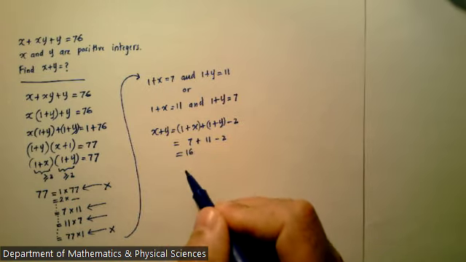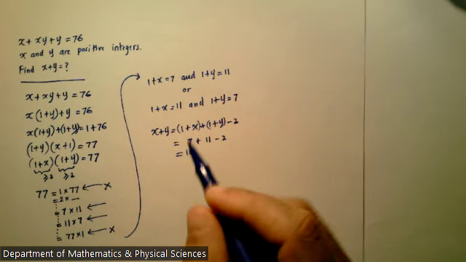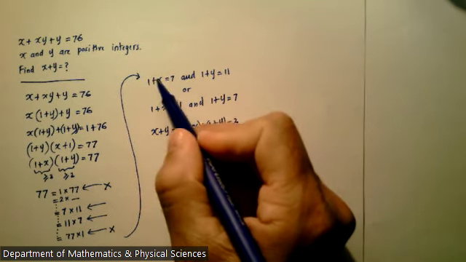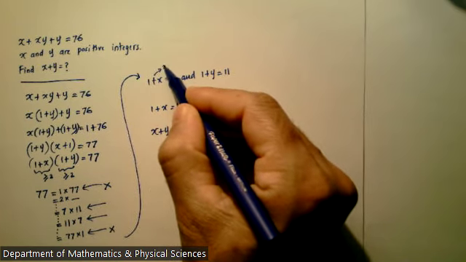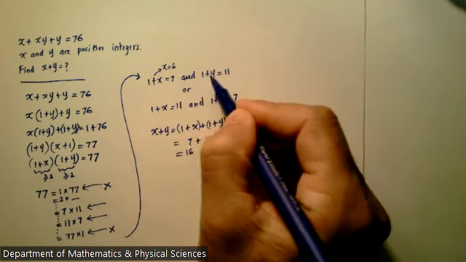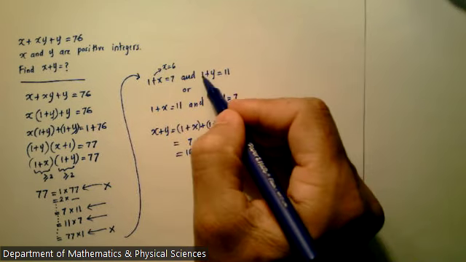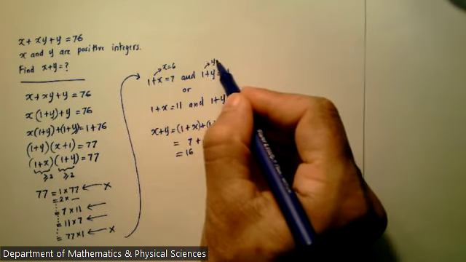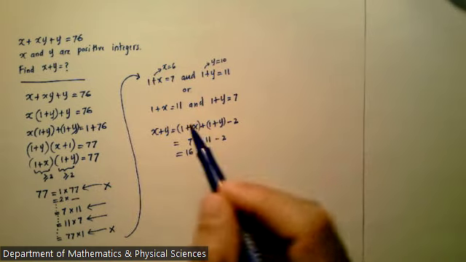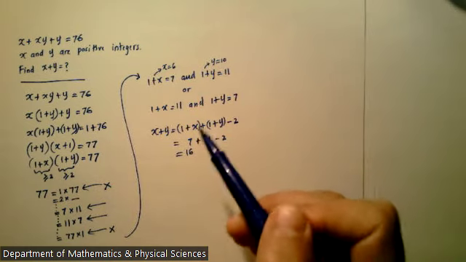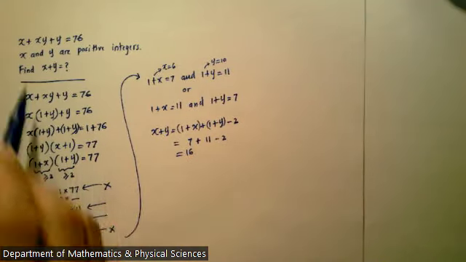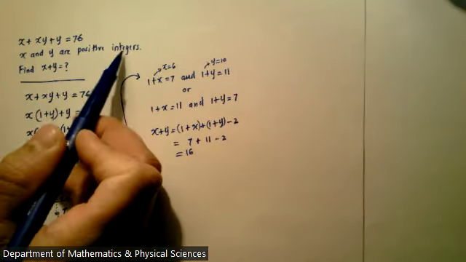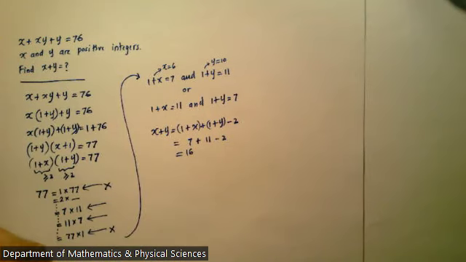We can always double check. If we use this option, from this we can find what x is by subtracting 1, and it will be 6. And from this we can find what y is by subtracting 1. It will be 10, because 11 minus 1 is 10. And if we choose these to be x and y values, clearly they are positive integers, so that condition is satisfied.